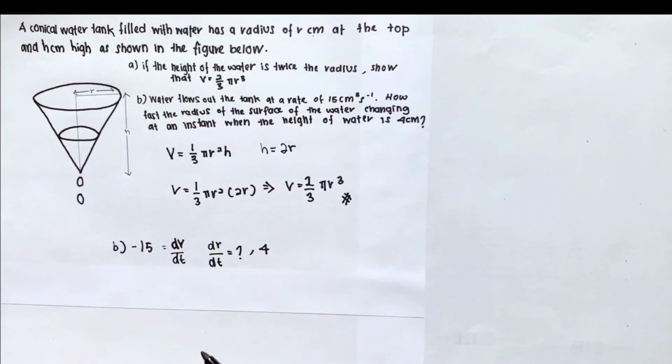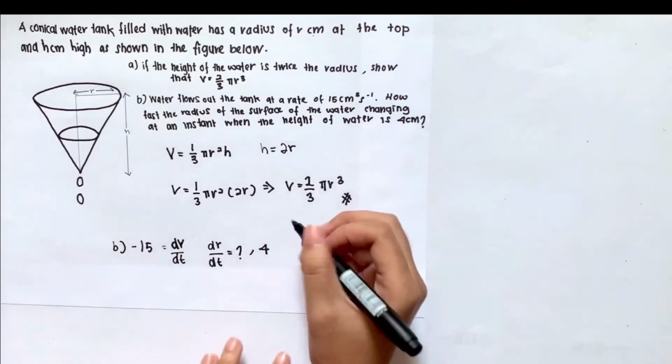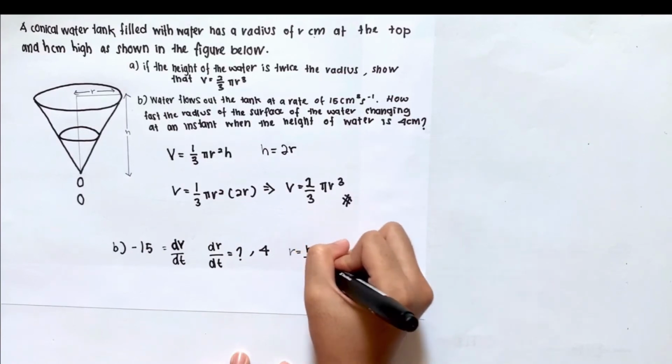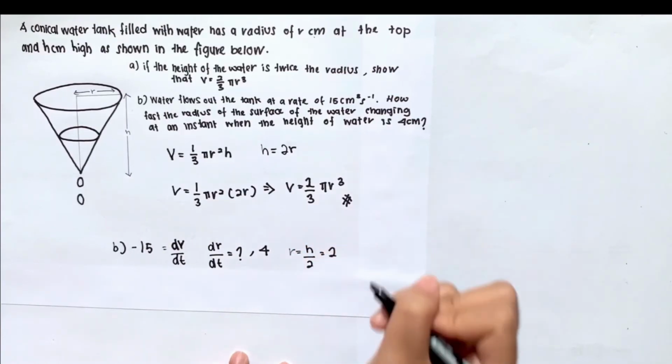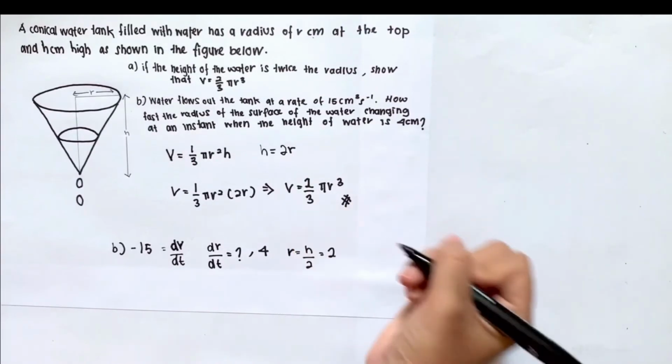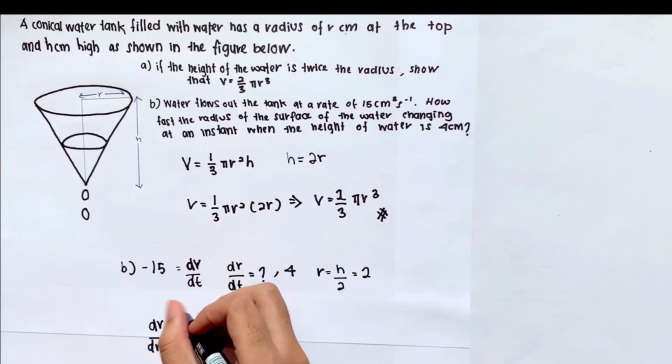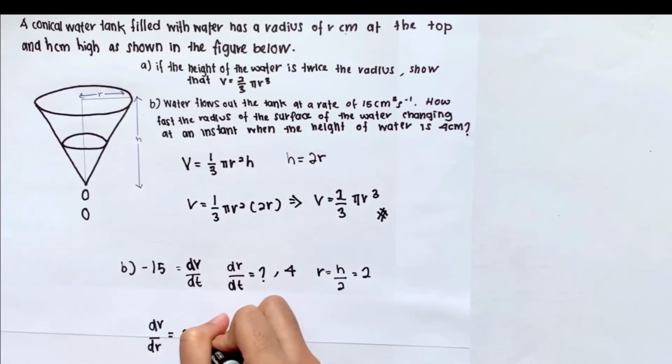To find r, we know that the height of the water is twice the radius. So, r equals h over 2, we will get 2. Then, to find dV per dr, we have to differentiate V, so we will get 2 pi r squared.